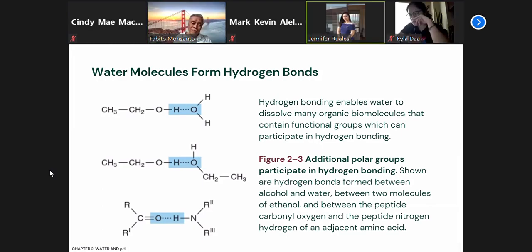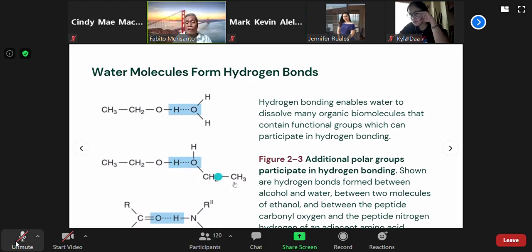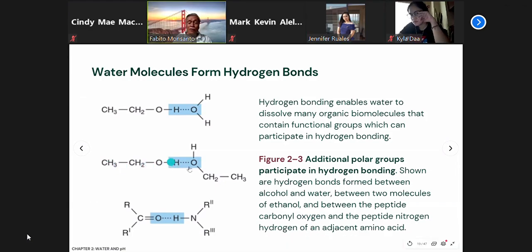Huh? And this is water. See? Oxygen is being shared by this hydrogen here, right? Now this one. You have another ethyl alcohol here, and another ethyl alcohol. And so they form this hydrogen bond.